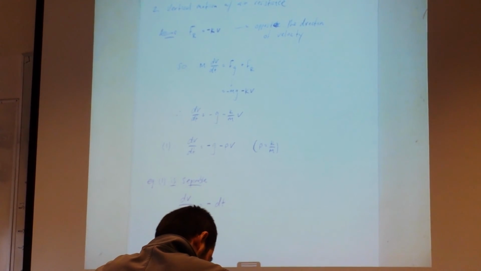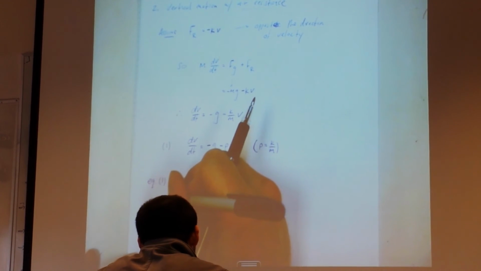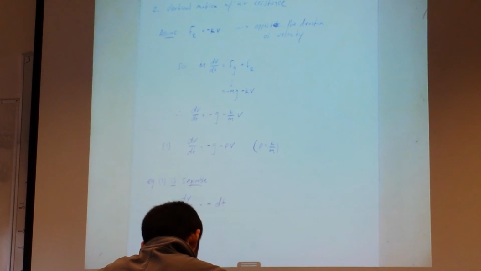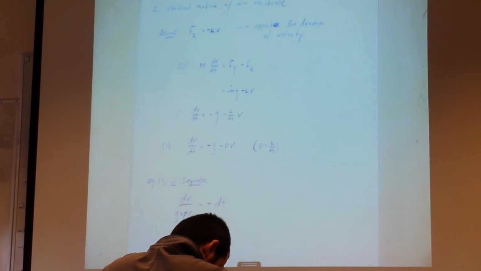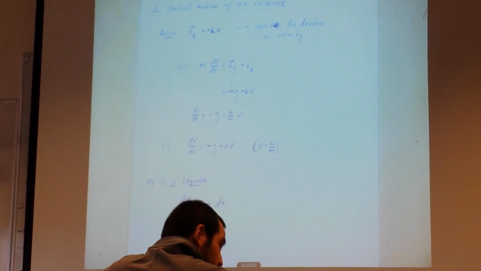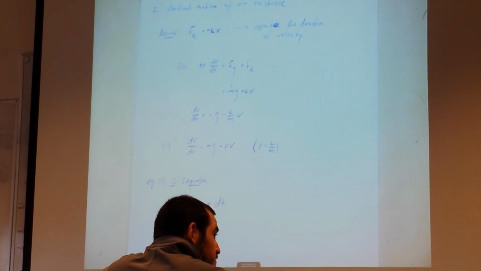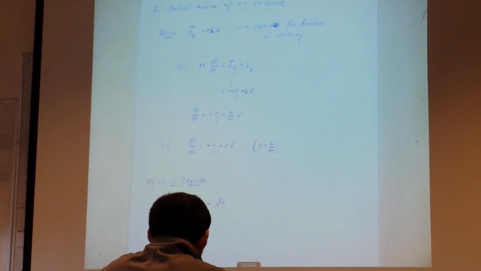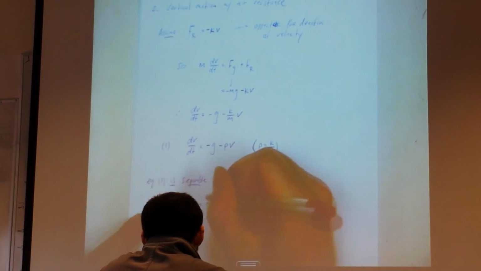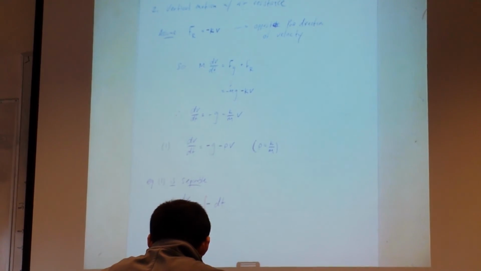We integrate this. I'm going to get a different color. I like colors. Something for your eye to catch when you're reading over these notes. All right, so we're going to integrate both sides. And this is kind of tricky, but what am I going to get on the left?